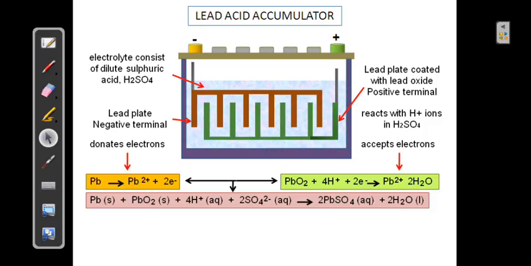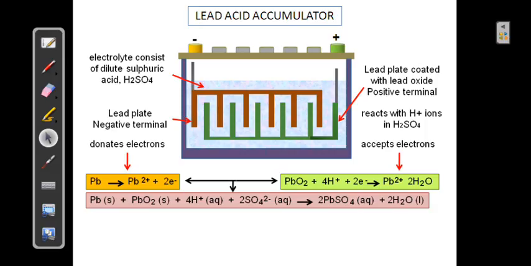Then after giving off 4 electrons, yes, Pb solid plus PbO2 solid plus 4H plus aqueous, then plus 2 SO4 2 negative aqueous, will yield 2 PbSO4 aqueous and 2 H2O liquid.